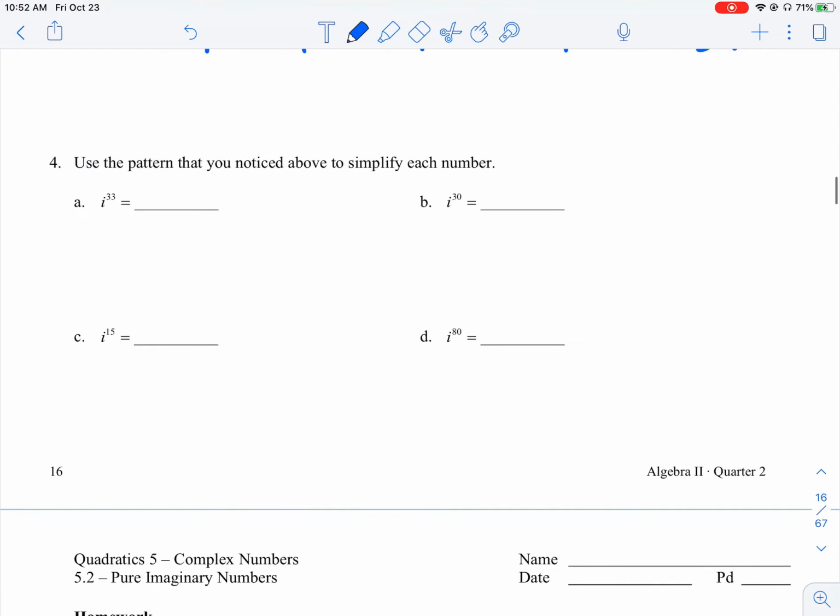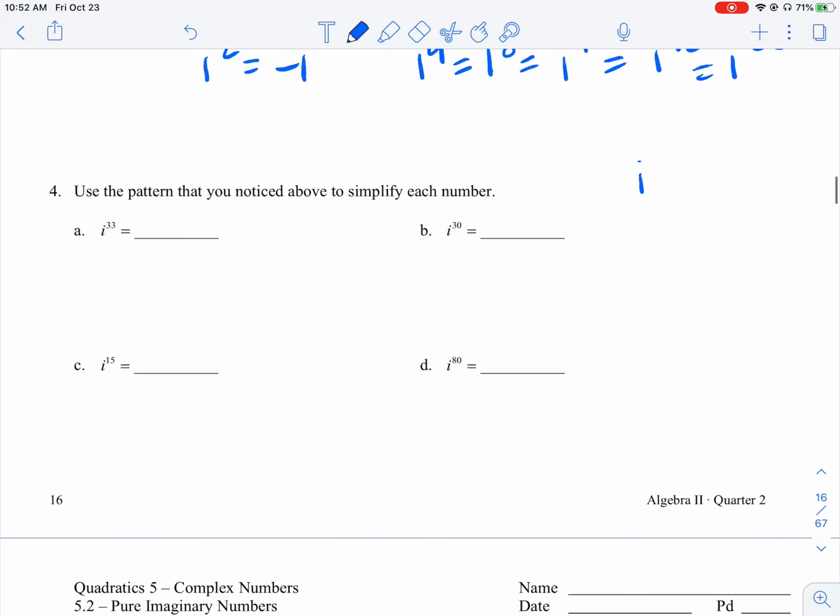Let's try i to the power of 33. Instead of me writing that out, which is too much, I'm looking for a number close to 33 that is divisible by 4, and that is 32, isn't it? So I could break this up. Why am I doing that? Because I know that i to any number divisible by 4 is equal to 1.